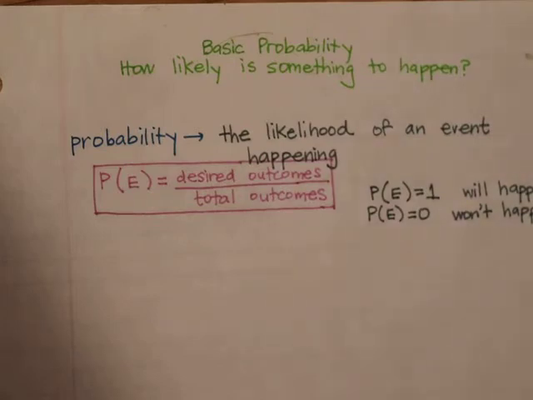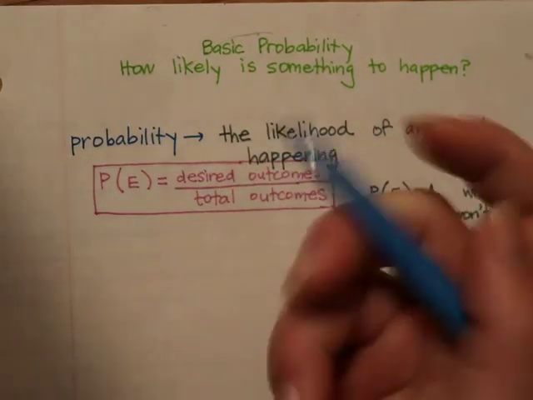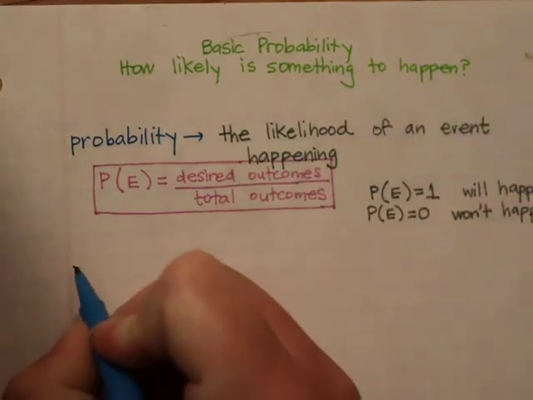So we can talk about a couple different things with probability. We can talk about independent events and we can talk about dependent events. Let's take a second and run through that real quick.